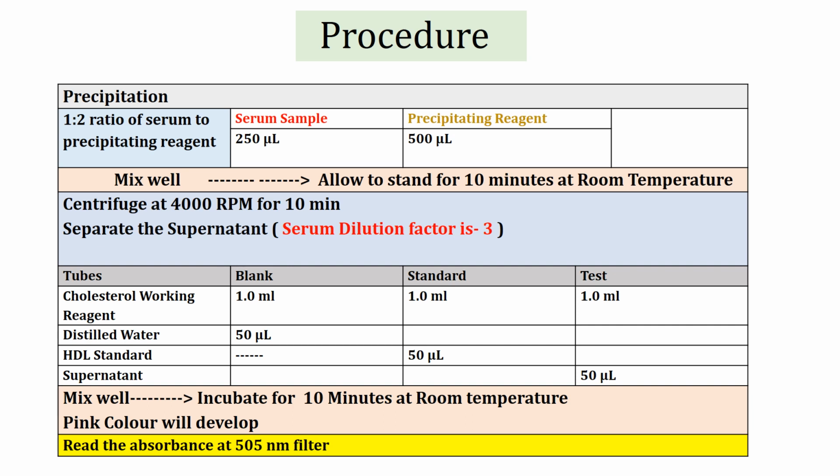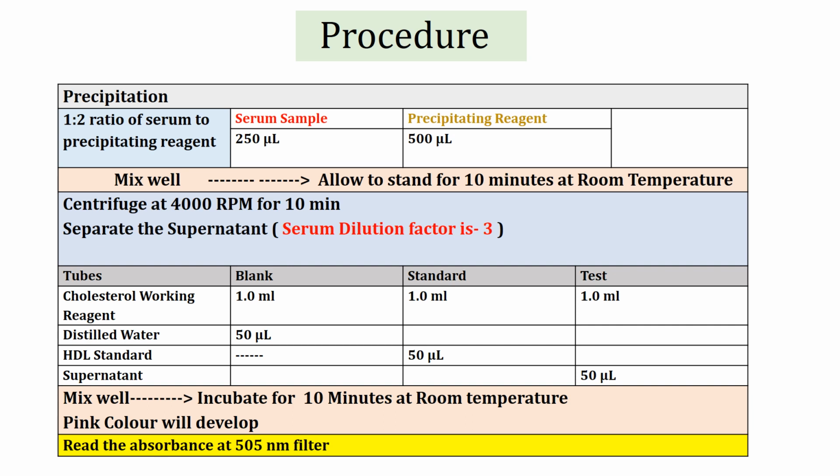After 10 minutes, centrifuge the solution at 4000 rpm for 10 minutes and then separate the supernatant which contains HDL cholesterol. Here, by doing 1:2 dilution of serum sample, we get the dilution factor of 3. Now we will take this supernatant for estimation of HDL cholesterol.